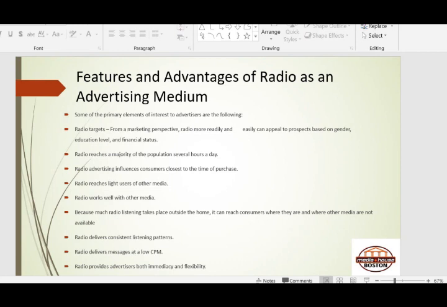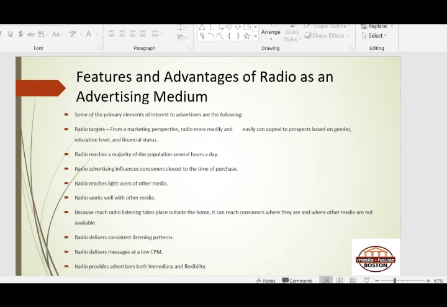Radio reaches light users of other media, definitely, because of all our positive advantages of the medium itself. People don't just read newspapers, and people don't just watch TV. They include radio if they are consumers of different mediums, right?